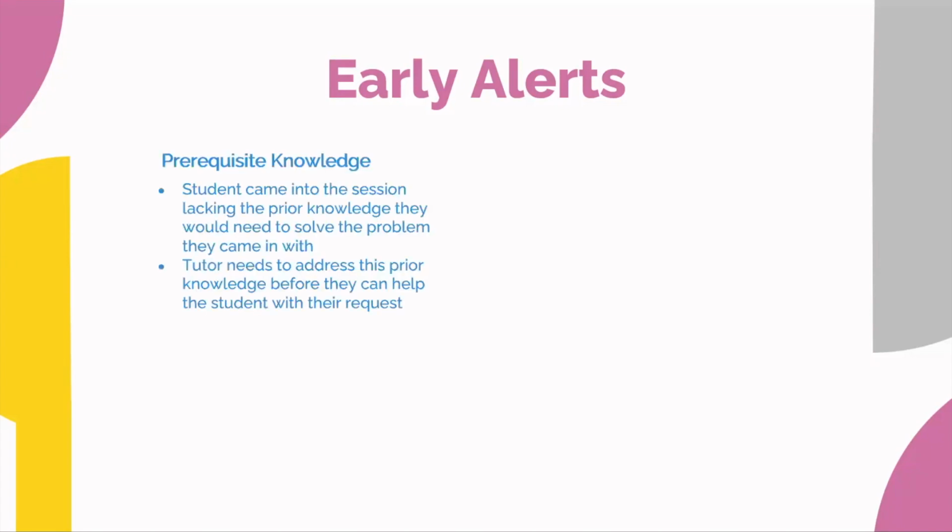You can let your customer success manager know your preference, and they will set up your alerts accordingly. So Tutor.com and our tutors may flag individual students for 4 reasons. First, students may be flagged for not having the required prerequisite knowledge to complete the problem they came and asked for help with. They may also be flagged for content mastery. They did not show mastery of the content they asked for help with.